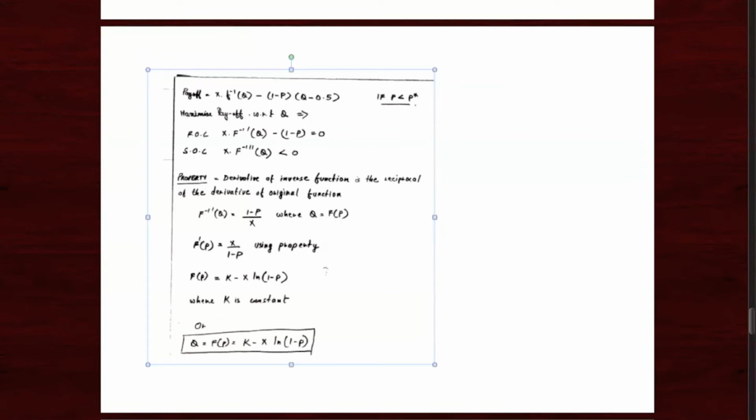f(p) is a function of p, which if you recall correctly, is equal to announced accuracy, Q. Using this property and solving it, we get that Q, which is equal to f(p), is equal to K minus X log of (1 minus P). So now we have the equation which tells us what the expert's announced accuracy is.